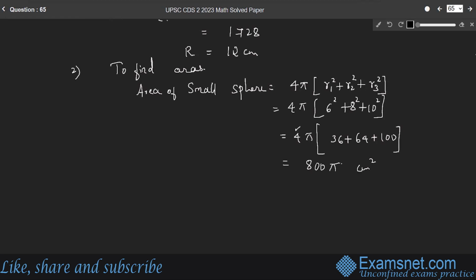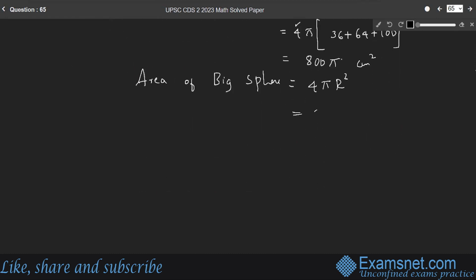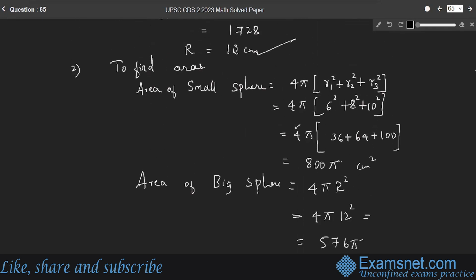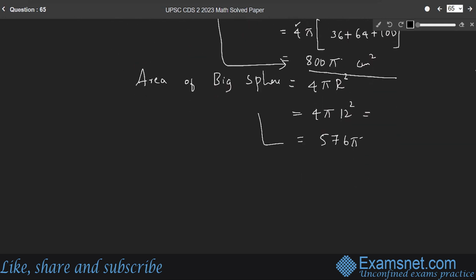Whereas the area of the big sphere is, again using the same formula, 4 pi capital R square. Capital R is 12 centimeter, so 4 into pi into 12 square. 12 square is 144, into 4 gives 576 pi. So the total area of the small spheres is 800 pi, whereas the area of the big sphere is 576 pi.